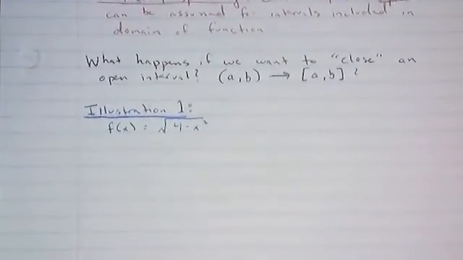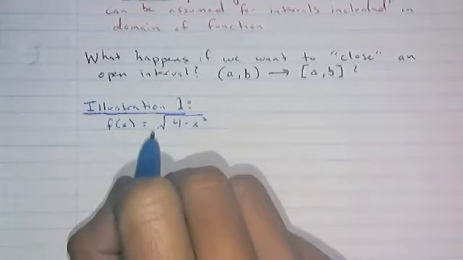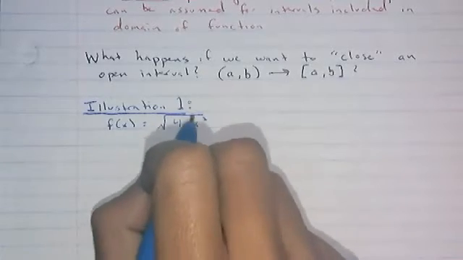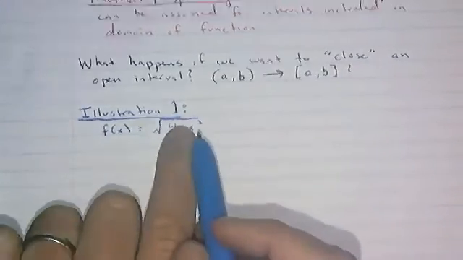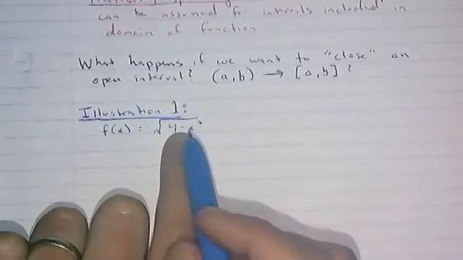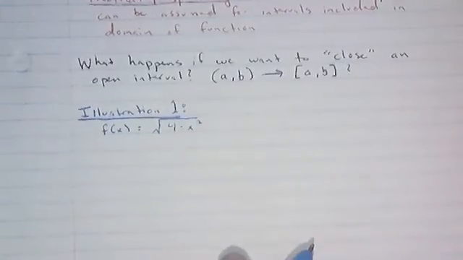What's the domain of this function? We need positive numbers under the square root. So it's not all positive numbers because we need a specific value here. 4 minus x squared needs to be positive. So let's just write it out.